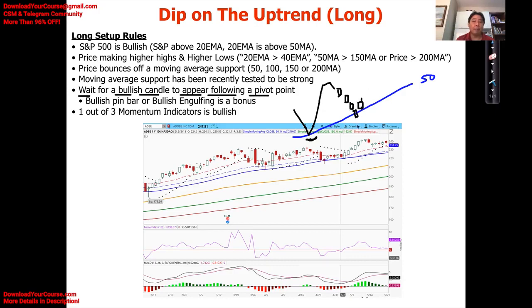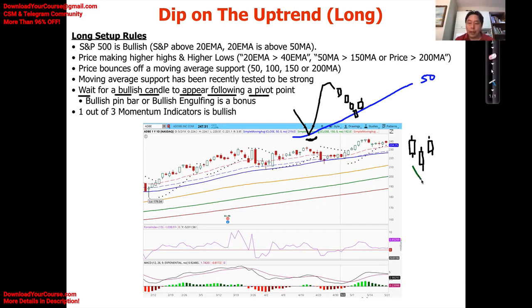Now, how do you define a pivot point? A pivot point is one made up of 3 candles, like so. Candle 1, candle 2, and candle 3. There we go.